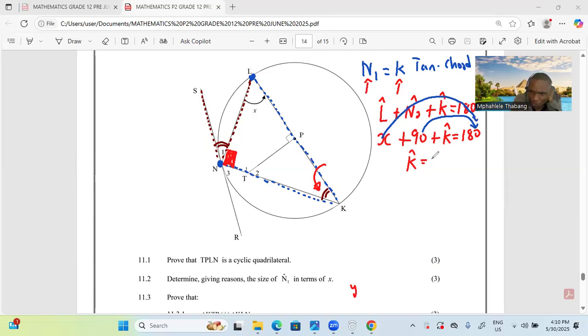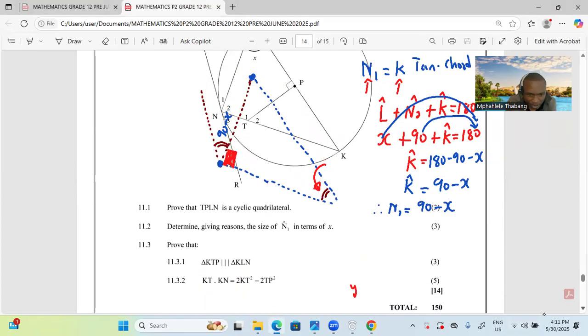So angle K is equal to 180 minus 90 minus X, which means that angle K is 90 minus X. Therefore, N1 is equal to 90 minus X. So you found N1 in terms of X. That's what they wanted. 3 marks. Do not forget to provide the reasons, guys, why you say N1 is 90 minus X.